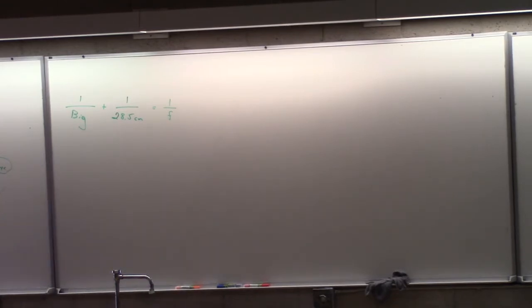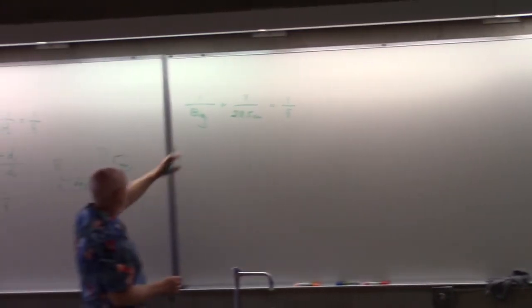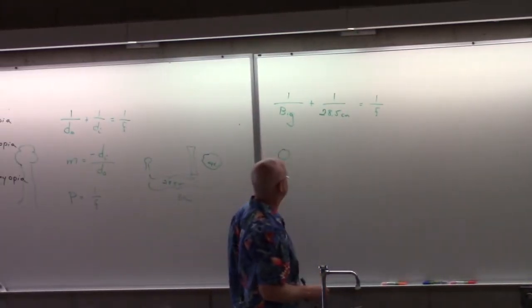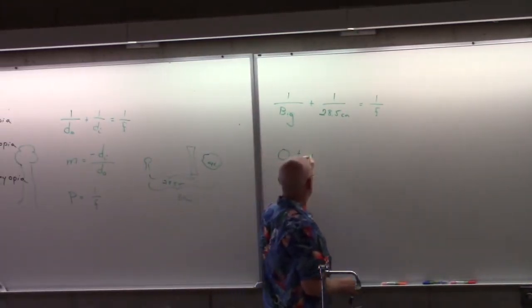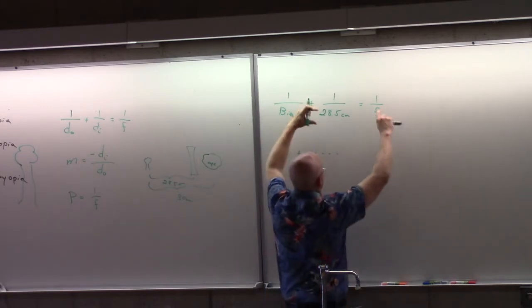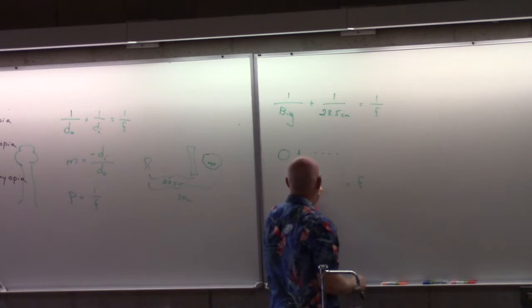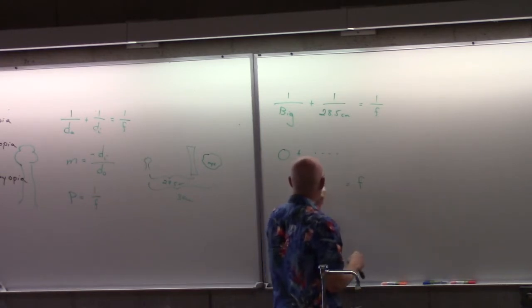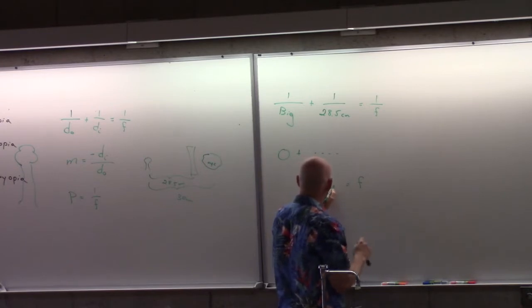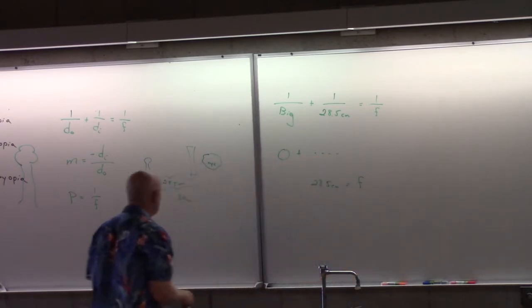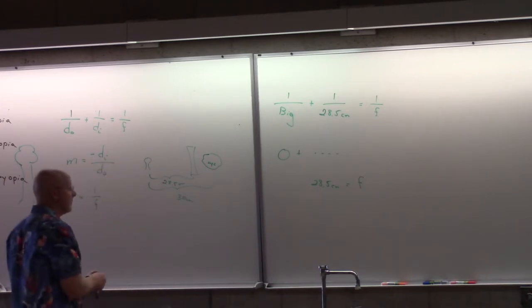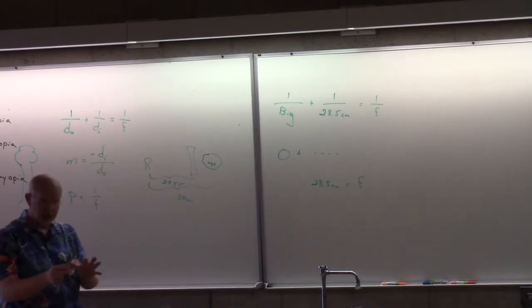And of course, I'll just do the same thing as we did before. 1 over d_o is 0. And now I'll just take the reciprocal. Oh, and I guess I made a small error here, and I apologize. This is that part in the last chapter where he said, watch your signs, your pluses and minuses.